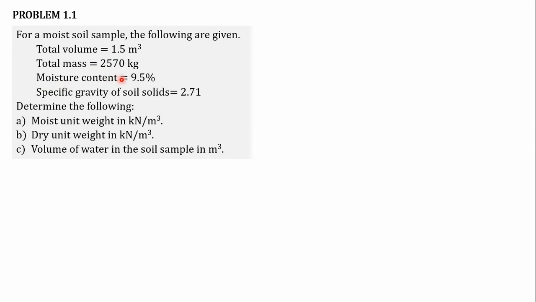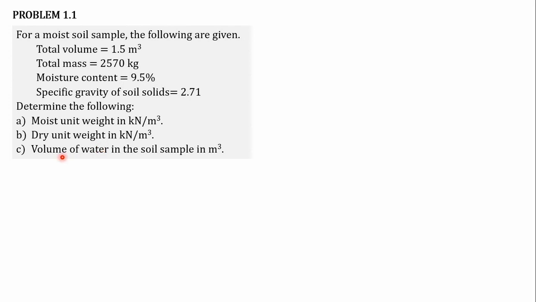Moisture content is equal to 9.5%. Specific gravity of soil solids is equal to 2.71. Determine the following. A. Moist unit weight in kilonewton per cubic meter. B. Determine the dry unit weight in kilonewton per cubic meter. C. Determine the volume of water in the soil sample in cubic meter.